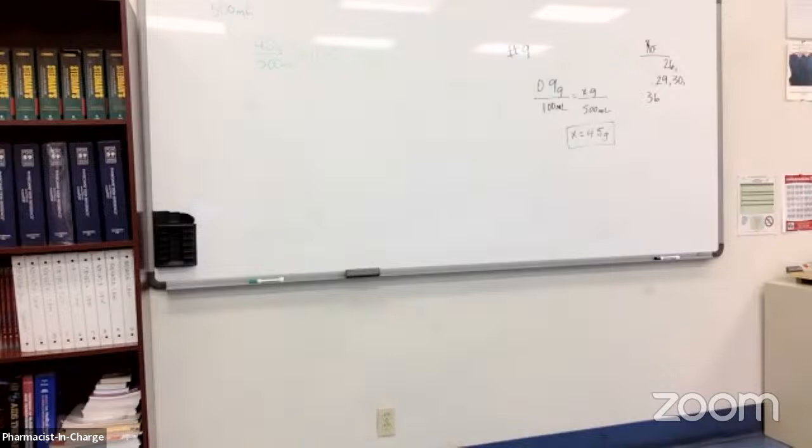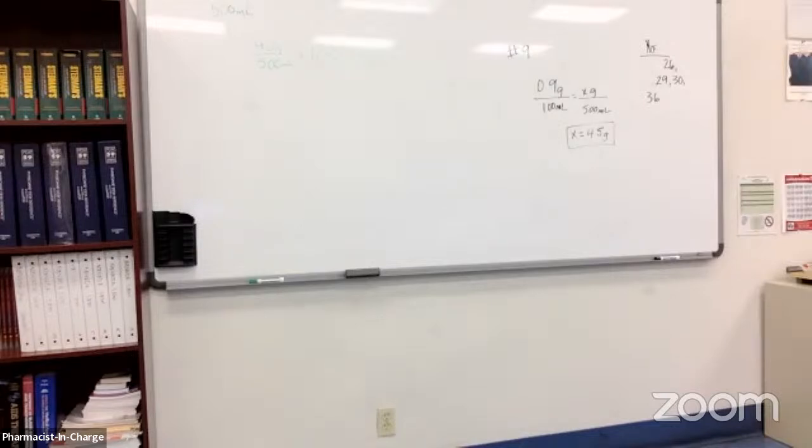On the PTCE, that doesn't show. So it's going to be 0.9 g over 100 ml, proportion x g over 500 ml, then cross multiply and divide, and I got 4.5 grams. We got 4.5 grams. Hands up.